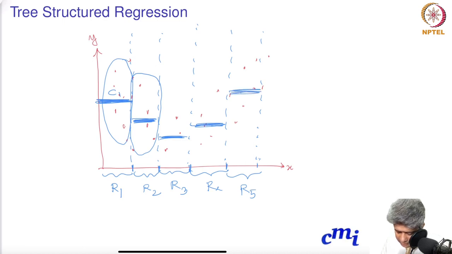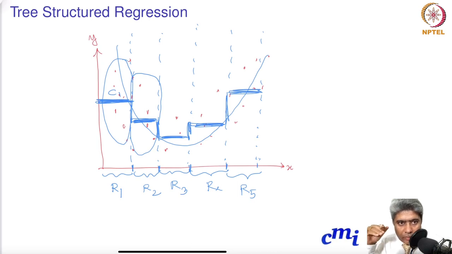So it creates a step function. This is the function regression. Some sort of non-linear structure gets captured. The true relationship might be like this, and this step-function-like behavior is being captured by the tree-structured regression model.